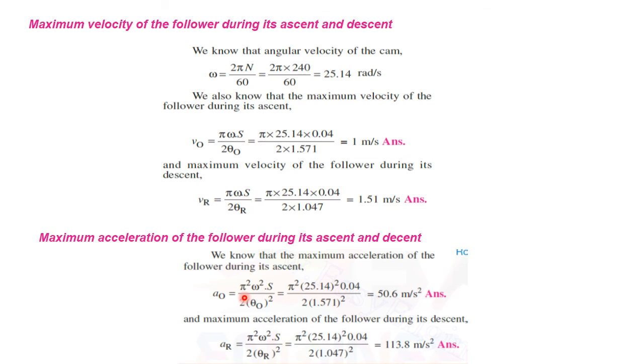We put in those values and get 50.6 meter per second square. A R is equal to pi square omega square S divided by 2 times theta r whole square. Here pi square, omega is equal to 25.14 whole square, multiplied by 0.04, divided by 2 multiplied by 1.047 whole square. That value is 113.8 meter per second square.